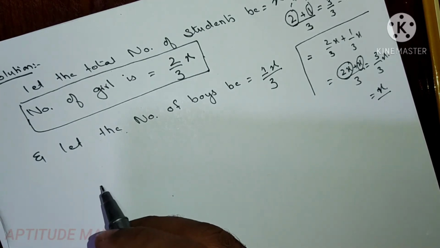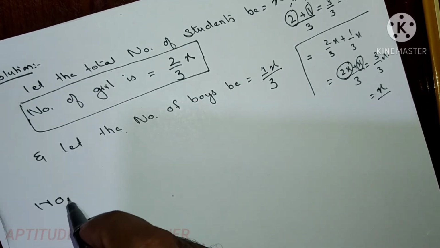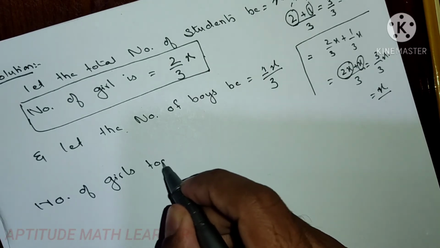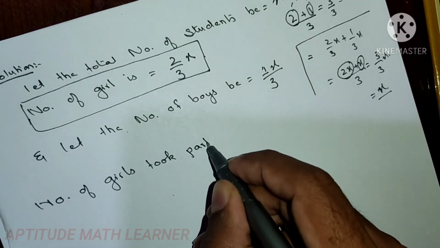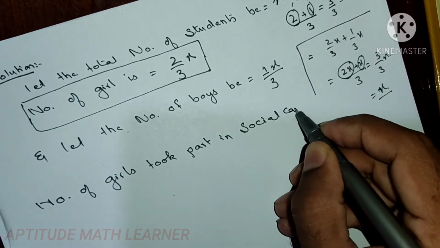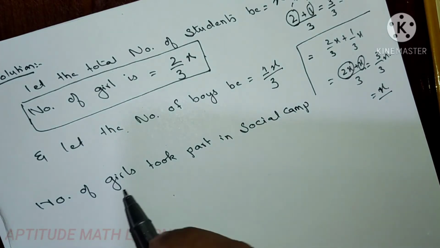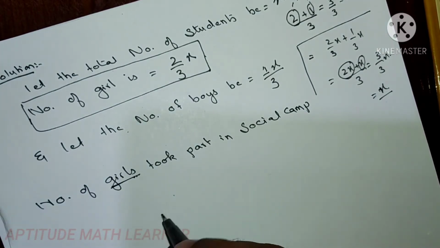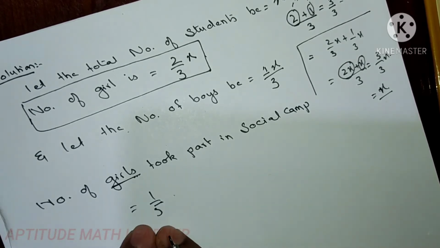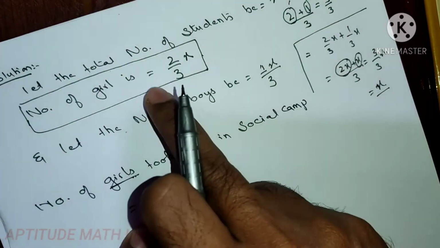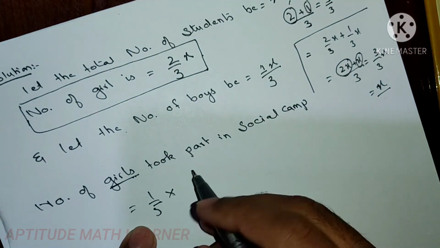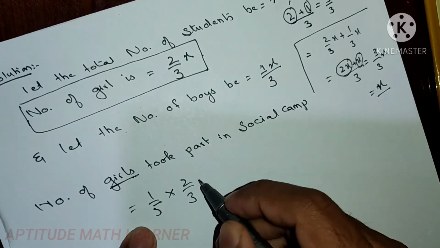So the number of girls who took part in the social camp is 1/5 of what? 1/5 of the total girls. So how much is the total girls? 2/3 x. We multiply by it.